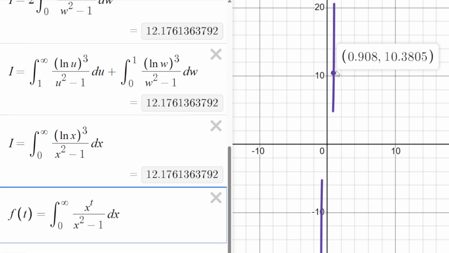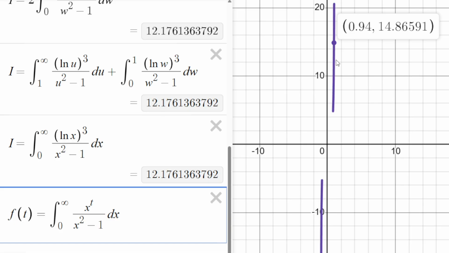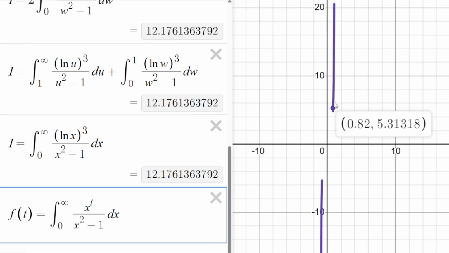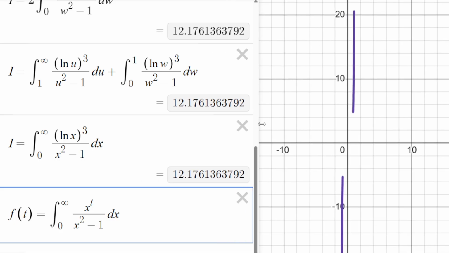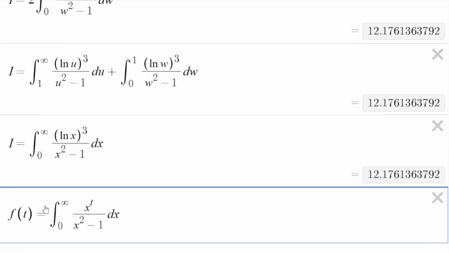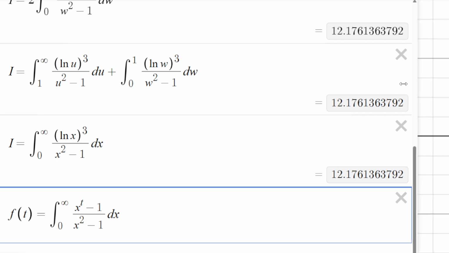It's undefined at a lot of places. We keep getting undefined, undefined, undefined. The reason for that is this function does not behave nicely. However, this one does. We're going to add a minus 1 in there. And now the function behaves nicely.